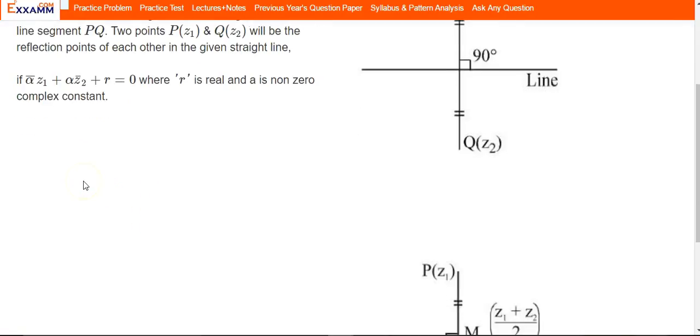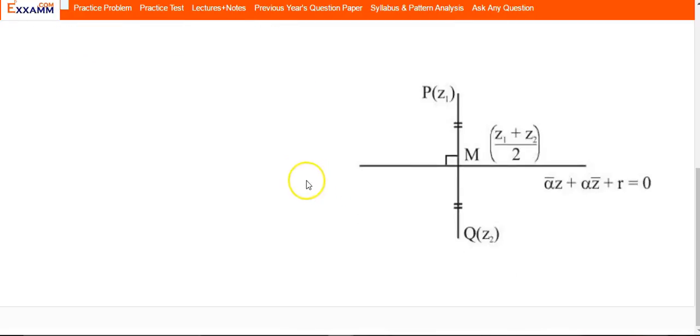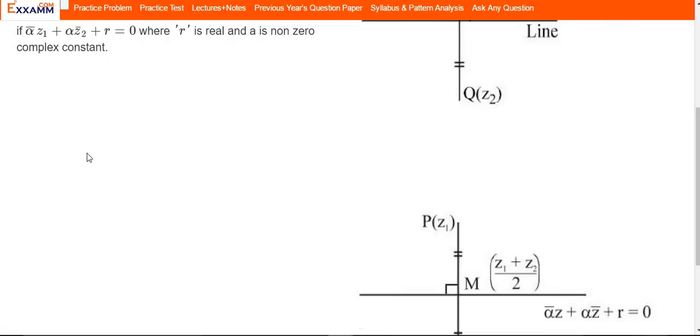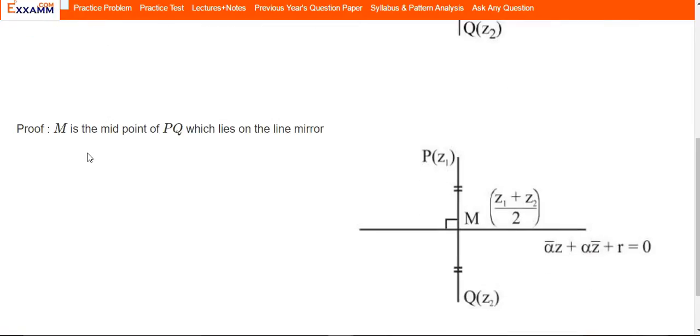Now I have said that this line is the perpendicular bisector, and Q is the mirror image of P. So the middle point, which is (z1 plus z2) upon 2, would lie on this complex equation of the line. Let us put this in our equation.